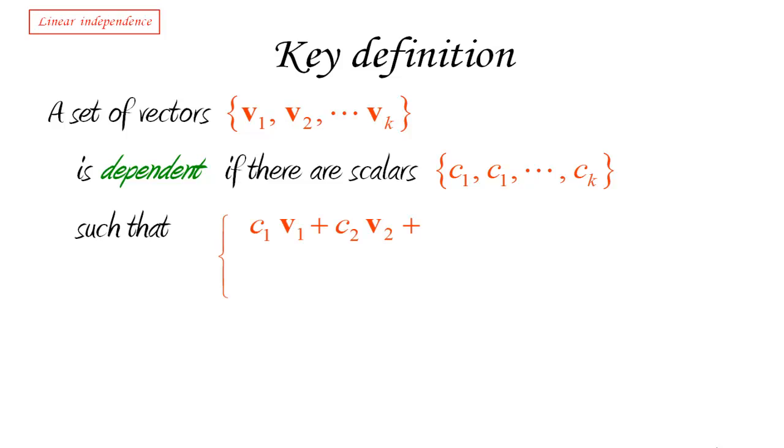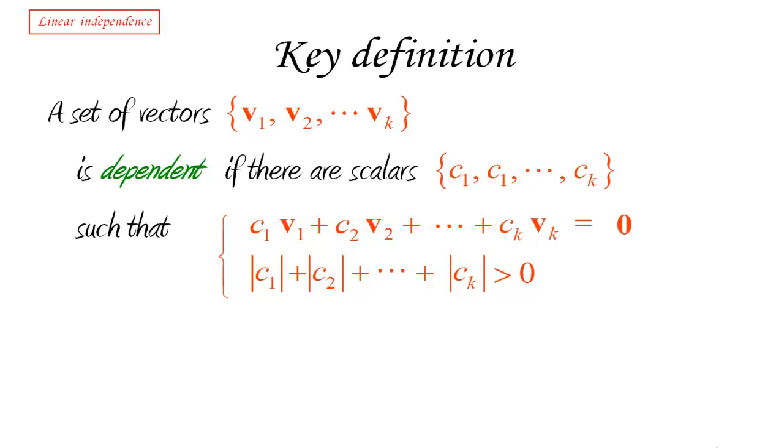Well, first of all, we want a linear combination of our set of vectors obtained by using these scalars to end up being 0, but such that these scalars are not all equal to 0. So the sum of their absolute values has to be greater than 0, which can happen if and only if at least one of those coefficients is not 0.